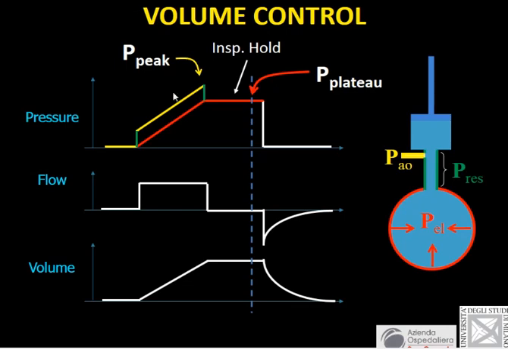Now, at the same time, we can take advantage of this special moment in which the flow suddenly stops and the pressure drops from the peak inspiratory pressure, so the highest pressure that the respiratory system has seen, and the plateau. What is this pressure drop? What is the meaning of this pressure drop?